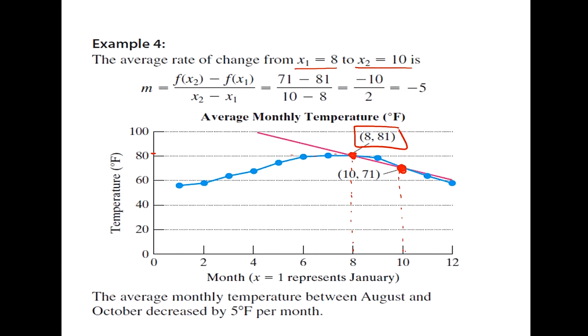Because we have two points, the average rate is the slope. So this equals 81 minus 71 over 8 minus 10, and computing that, we have 10 over negative 2, which equals negative 5.